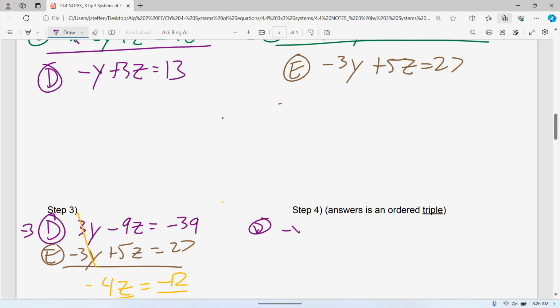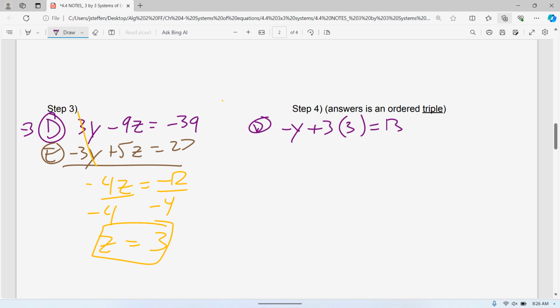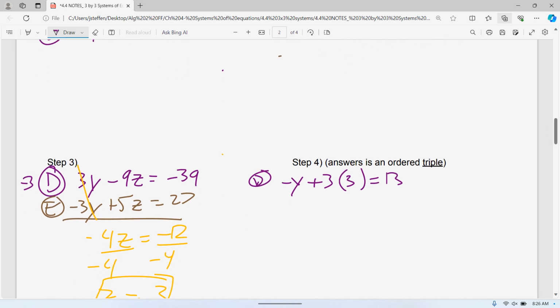So y plus 3 times my z, which is positive 4, is equal to 13. Nope, positive. Sorry, z is 3, not 4. Just double checking. And then we solve for y.